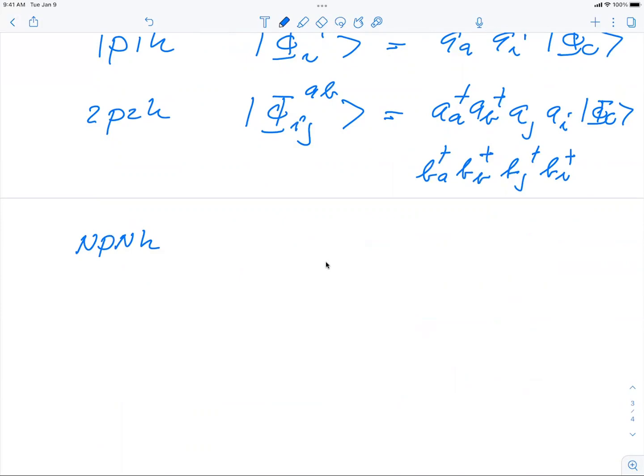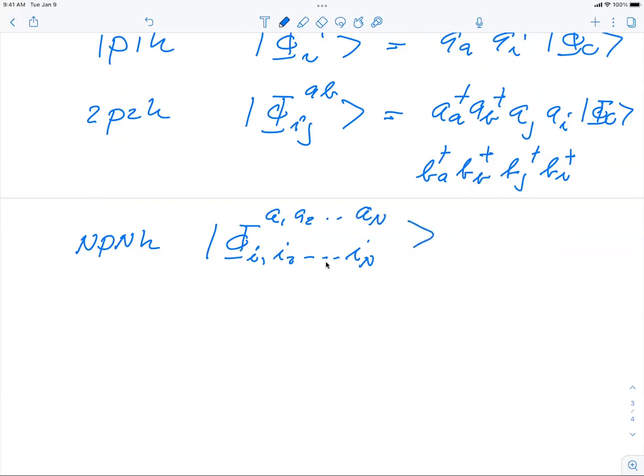And in that case, what we are going to do is to use a slightly different labeling. So we will have I1, I2, up to the number of hole states you have. And then you would have A1, A2, up to the number of particle states. And now we're going to put an N here just to indicate that these are the states with N particles, which are filling in.